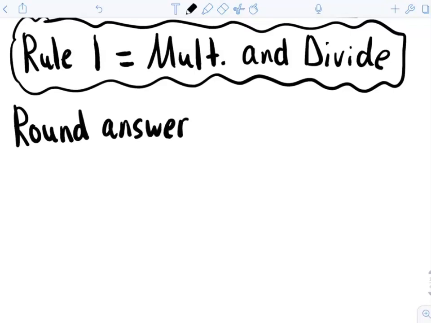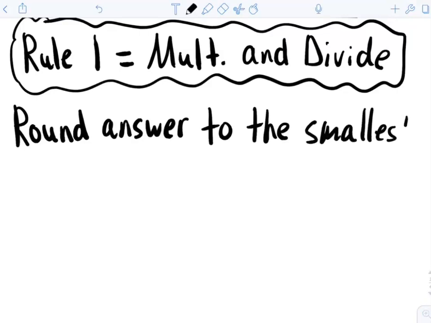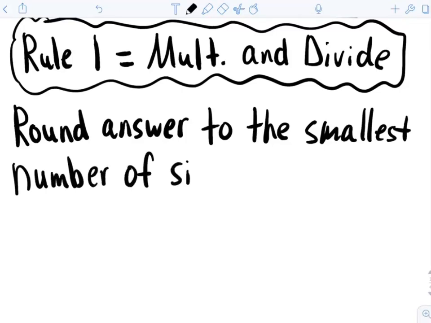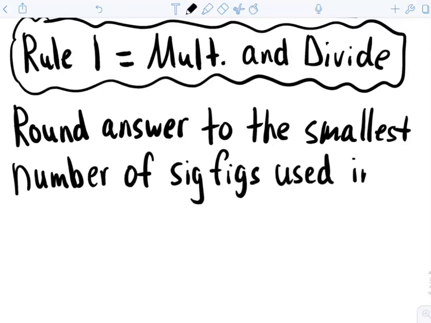So round answer to the smallest number of sig figs used in the calculation. And by calculation, we just mean whenever you're multiplying or dividing.